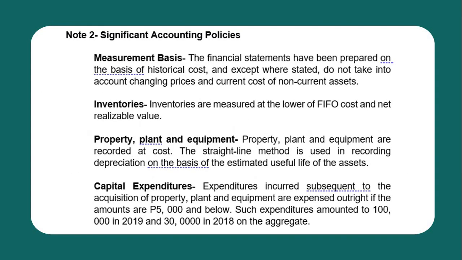Second note, it states the significant accounting policies and measurement basis, where historical costs are used, except those that do not take into account changing prices and current costs of non-current assets. For inventories, what is used is the lower of FIFO and net realizable value, then PPE, and capital expenditures.